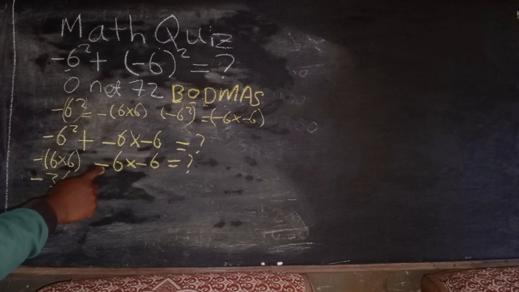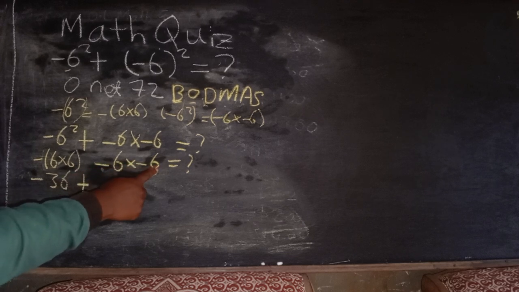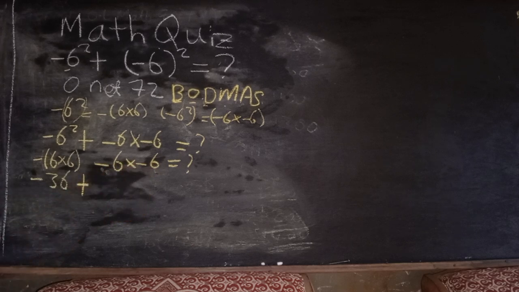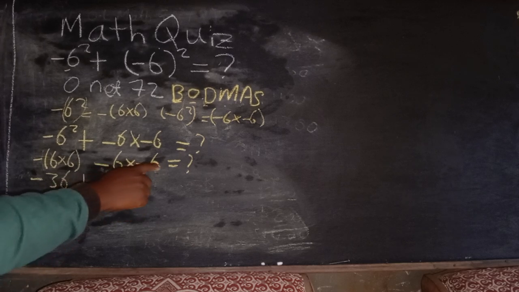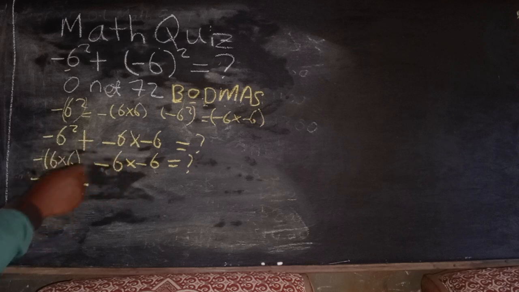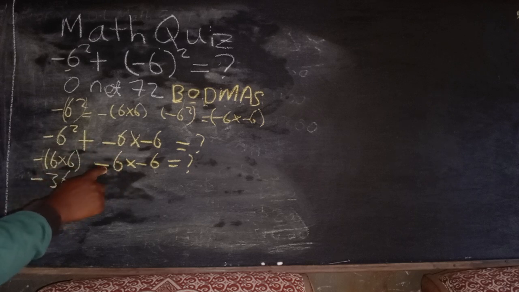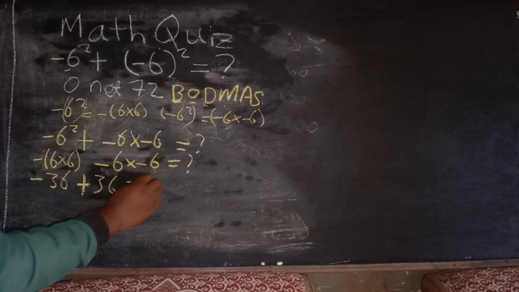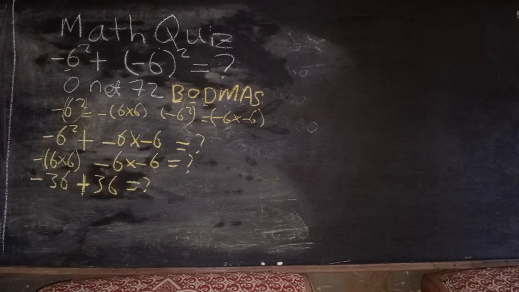So this negative here is attached to this 6 and this other negative is attached to this 6. So it is -6 times -6, and we all know that negative times negative becomes positive. So here is positive 36.